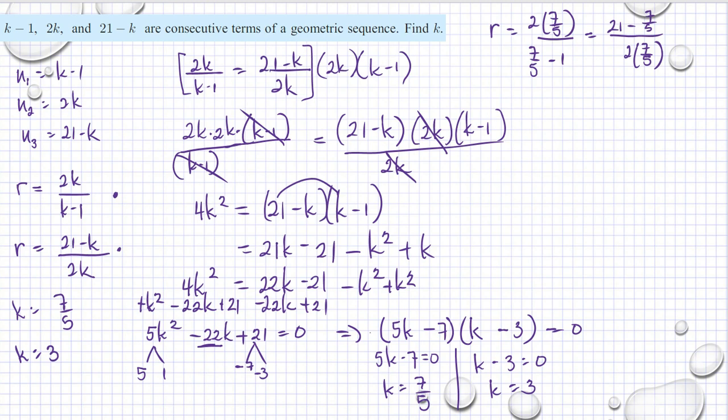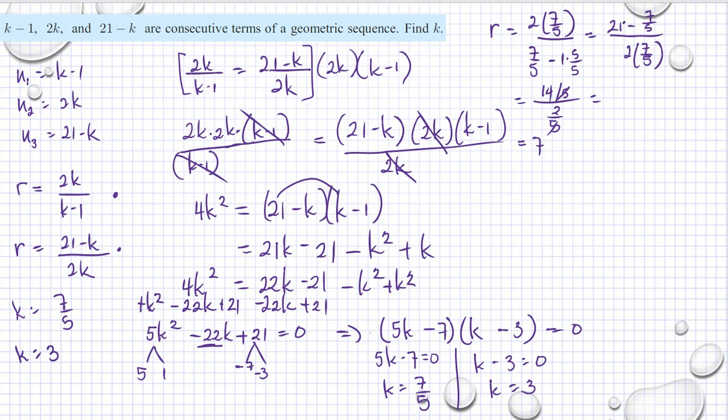So if I extend this by 5, I have 14/5 divided by 2/5, and this is now 14 divided by 2 is 7, and I have 7 there, and I should have 7 here also.